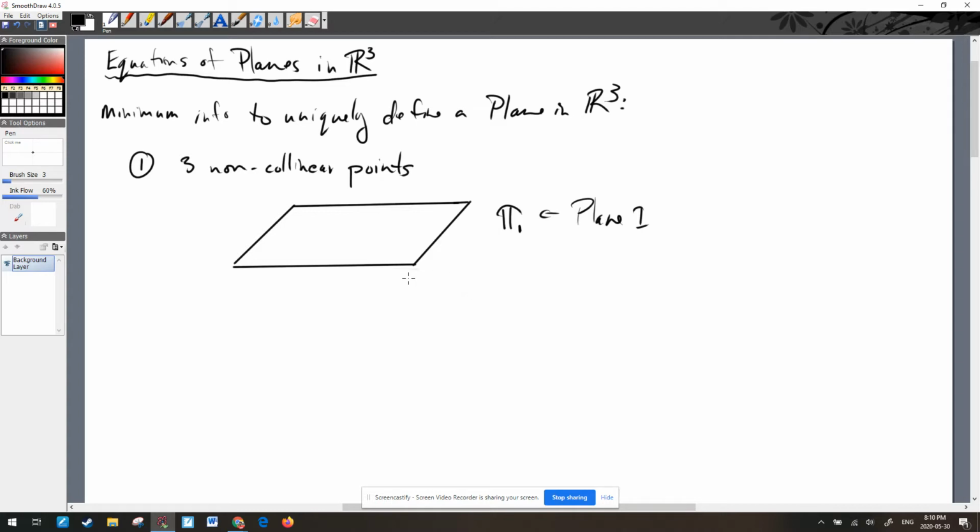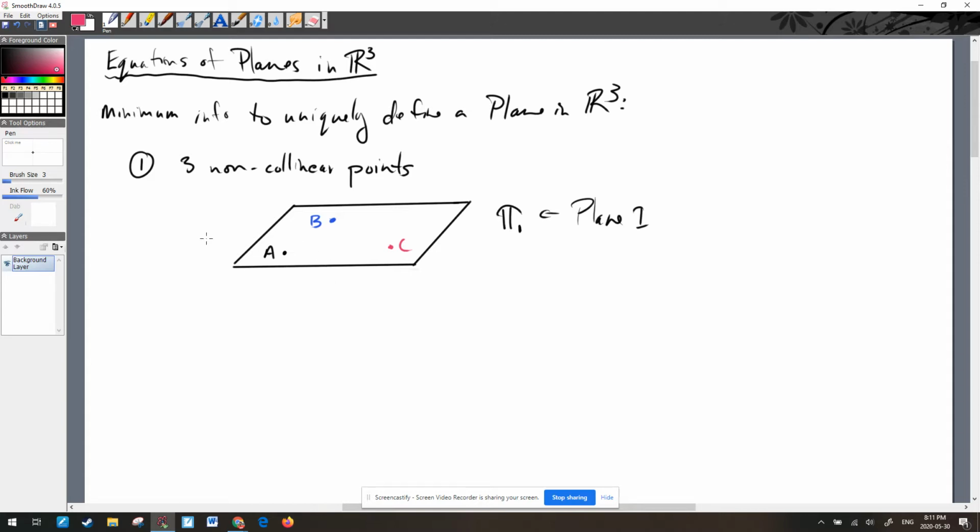So if I had a point here, I'll call that A, and another point over here that's B, and then another point over here that's C. Those 3 points, if they were hovering there in 3 space, you could conceivably lay a rigid sheet of cardboard or plastic on them, and it would uniquely balance and define a plane.